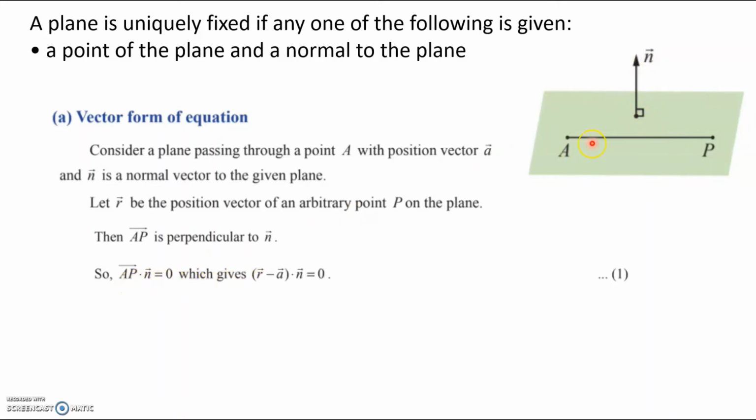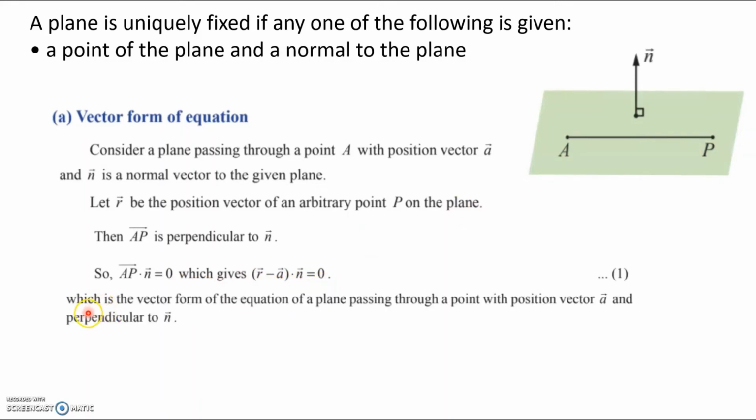So we can say that AP vector dot product with N vector will be equal to 0, which gives, replacing AP as R minus A vector, because at the point P we have R vector and at the point A we have vector A. So AP vector can be rewritten as R minus A vector dot product with N is equal to 0, which is the vector form of the equation of a plane passing through a point with position vector A and perpendicular to N vector.